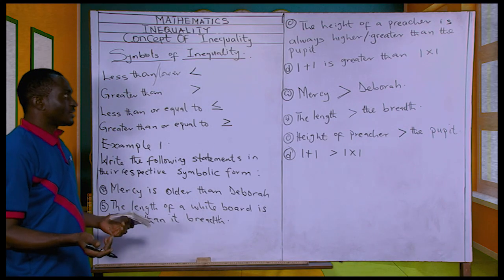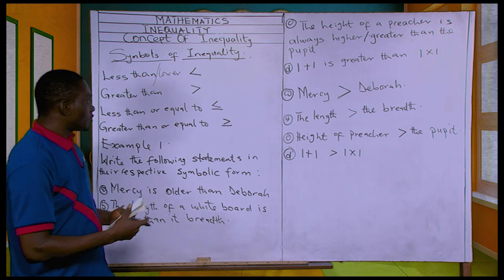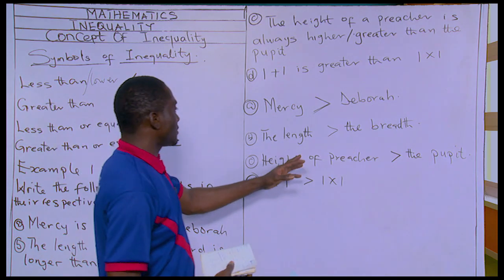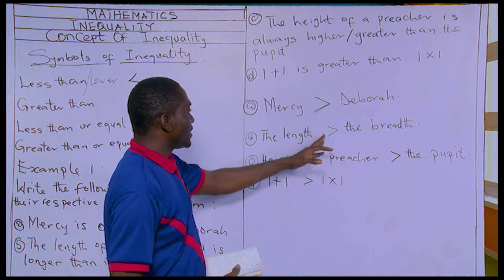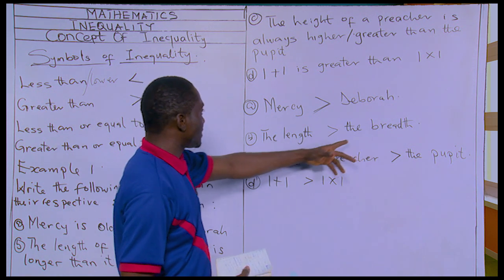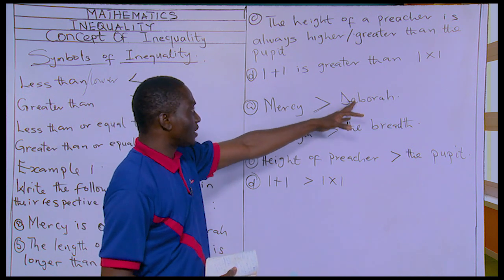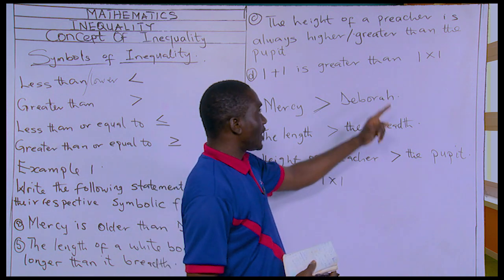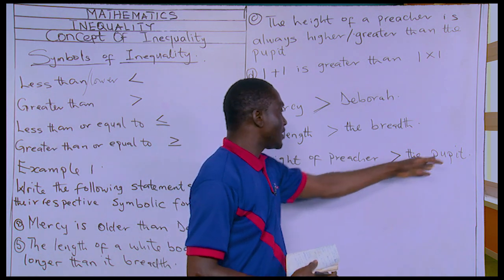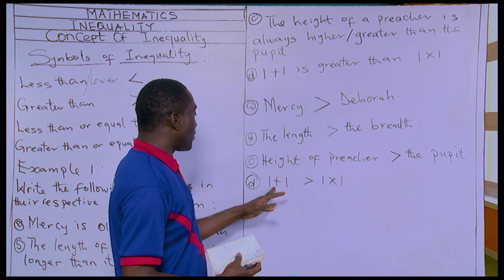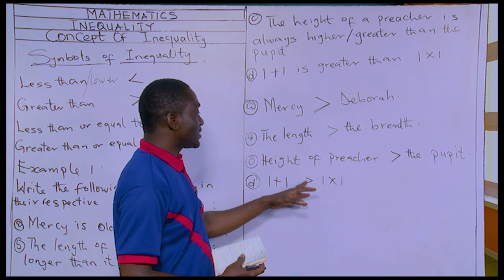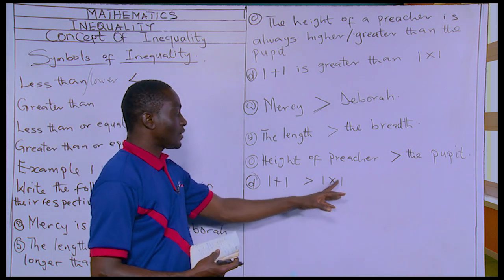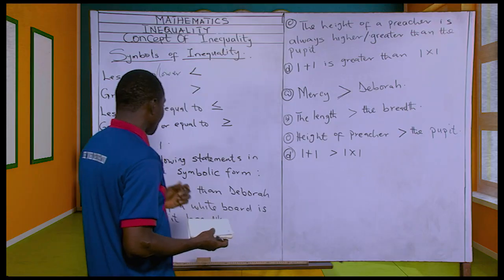So, mercy is greater than Deborah. The length is longer than the breadth. The height of the preacher is taller or higher or greater than the pulpit. The value of 1 plus 1 is higher than the value of the product of 1 and 1. That is that. Example 2.